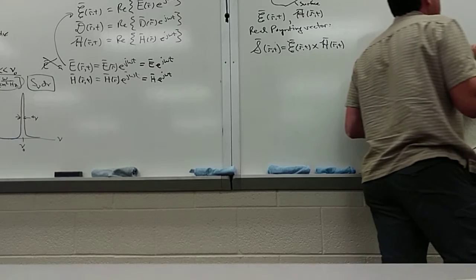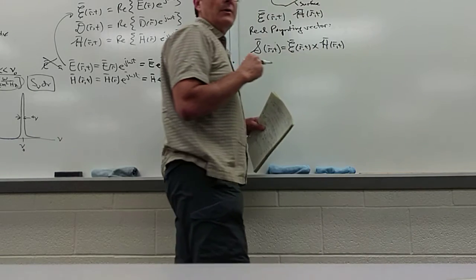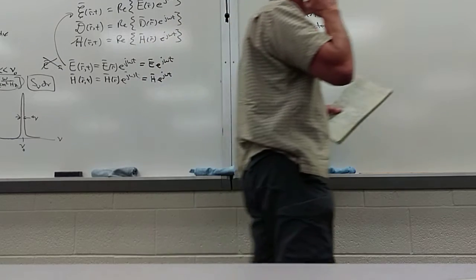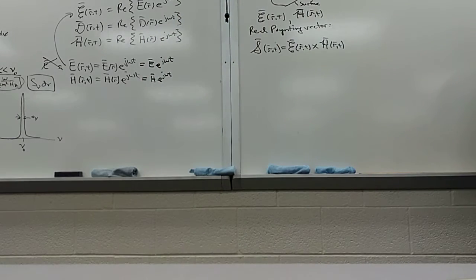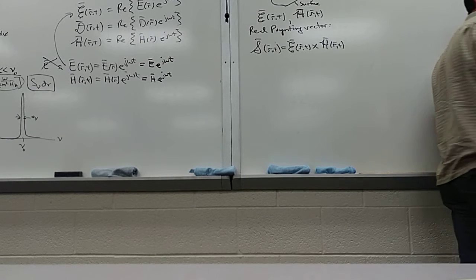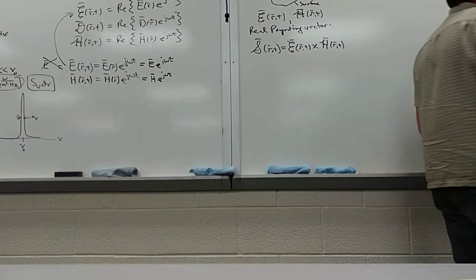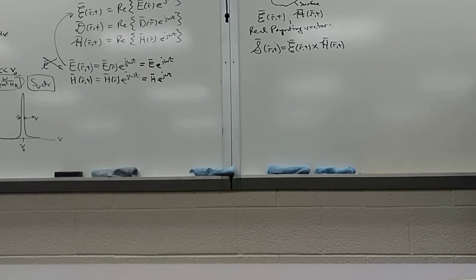That whole quantity integrated over the volume, plus the integral over the closed surface of the volume of the real Poynting vector dotted into, let's just call it ds for now, all of that has to be equal to 0.